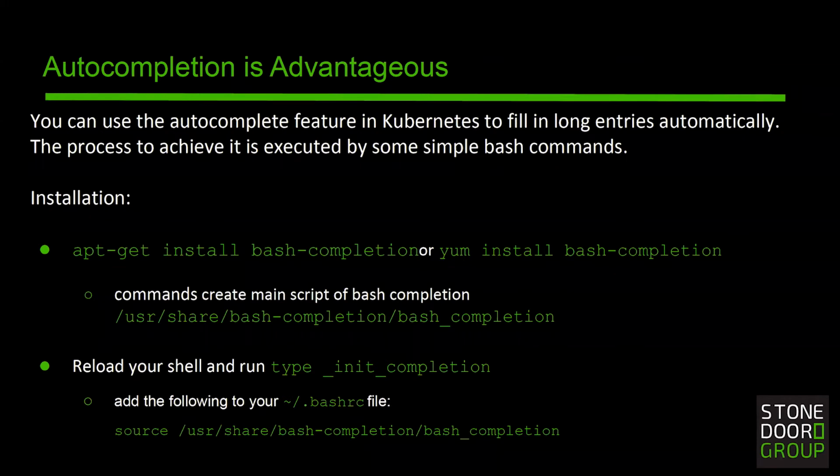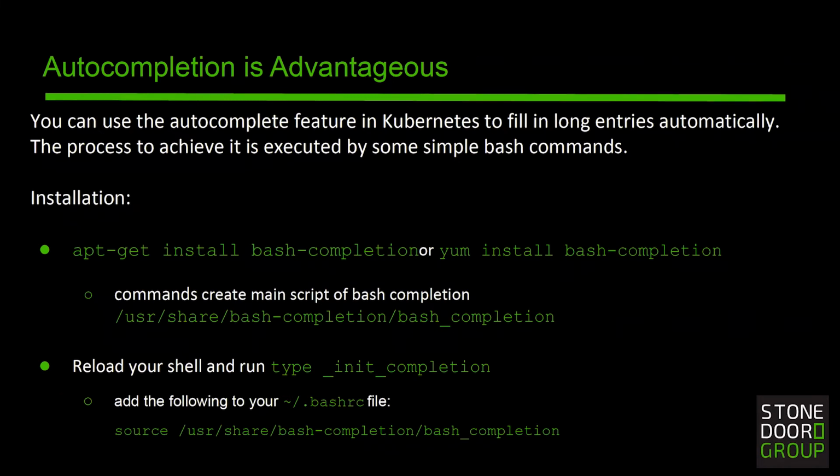So let's look at these steps and then I'll run through it with you guys. To install, it's pretty simple, and I have more information on each one of these at the very end of our slides, with links to do this. To install it, it is simply install bash-completion.